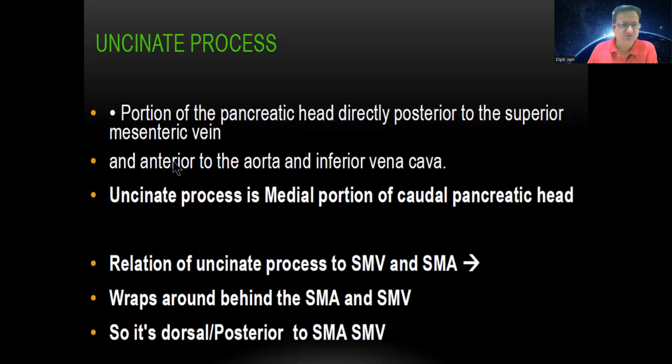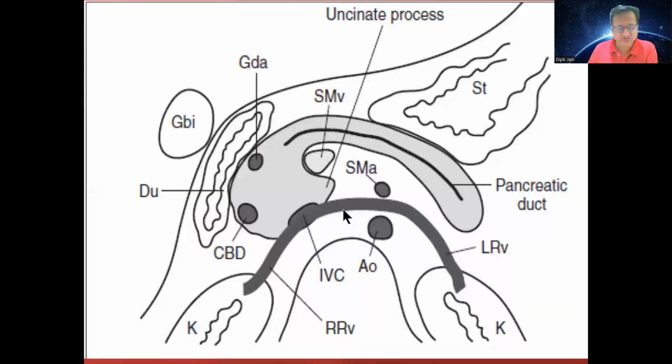The small part of the head is the uncinate process, which lies posterior to the superior mesenteric vein and anterior to the aorta and IVC. So this is the uncinate process.